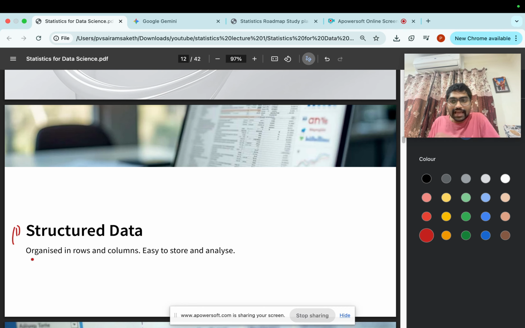This is the type of data which is arranged in the form of a table. Table means what? Rows and columns. Let's take one best example of structured data. Let's say I have people, so I'll write people, and here I'll write age.